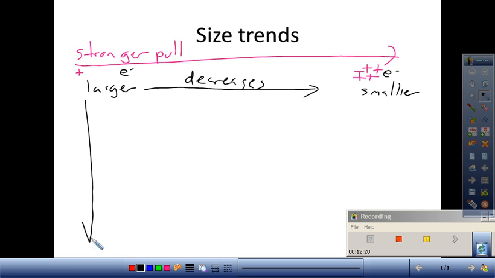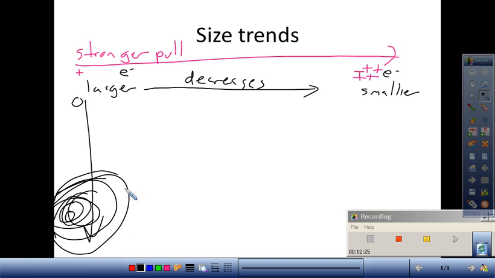And remember, as I go down, what's important? I'm adding shells. And so my electrons, I'm adding layers, right? If I have a little onion, and I add layers and make a big onion, well, this onion is obviously bigger, okay? So my trend as I go down, because I'm adding layers, my size increases as I go down a group.